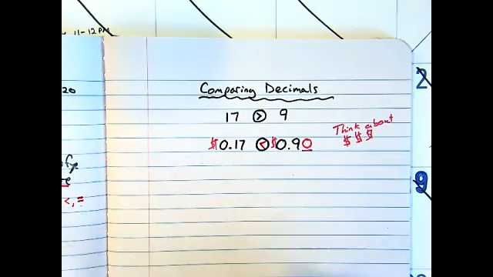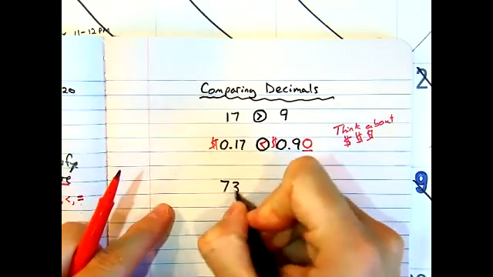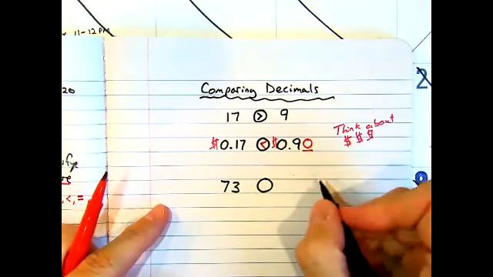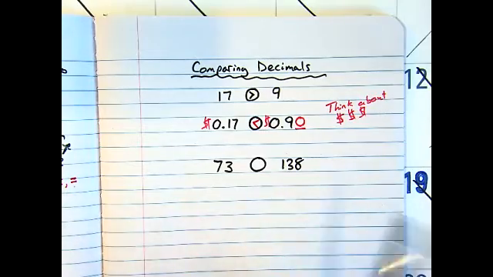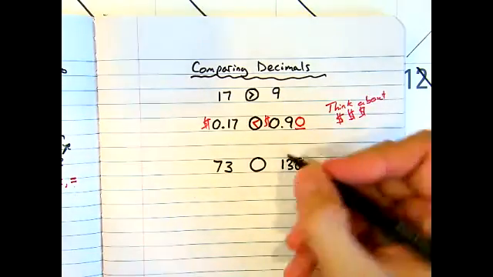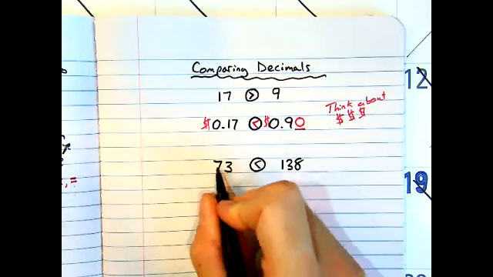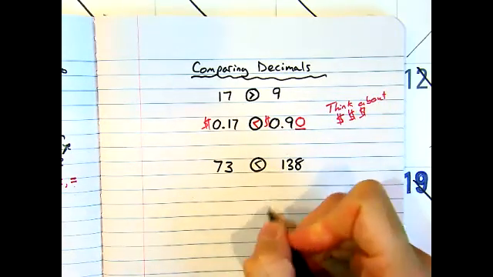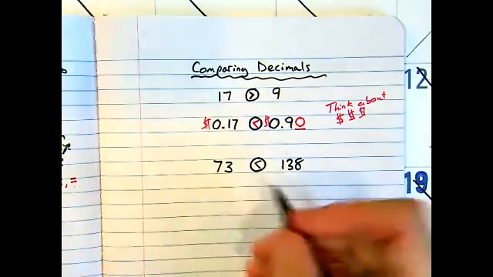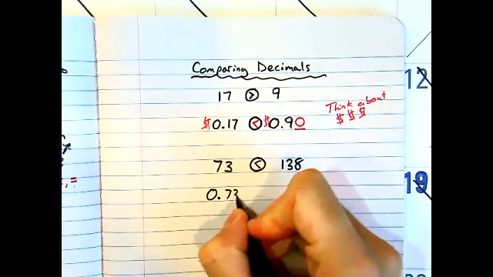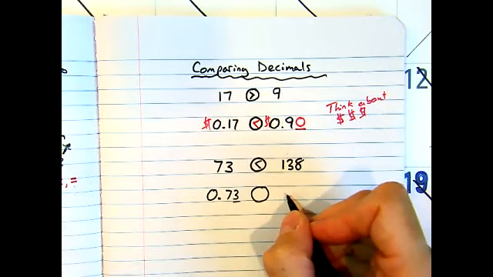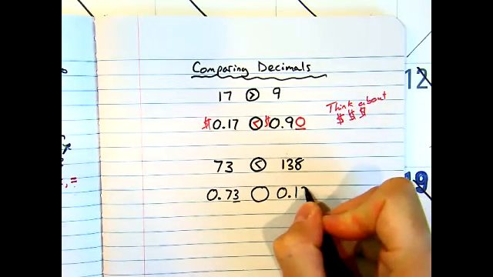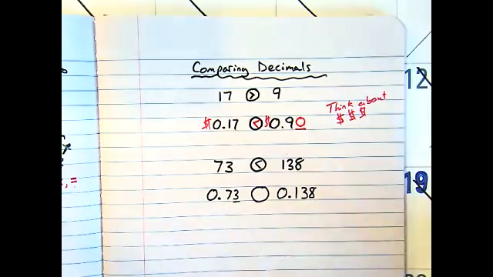Let's do one more. Let's look at 73 compared to 138. This one's easy. Which one's bigger? You're right, 138. We have 100, Mr. McNeil. Of course it's bigger. So if I read it left to right, 73 is less than 138. All right, let's throw a decimal in and see what happens. 0 and 73, the 3 is in the hundredths place, compared to 0 and 138 thousandths.